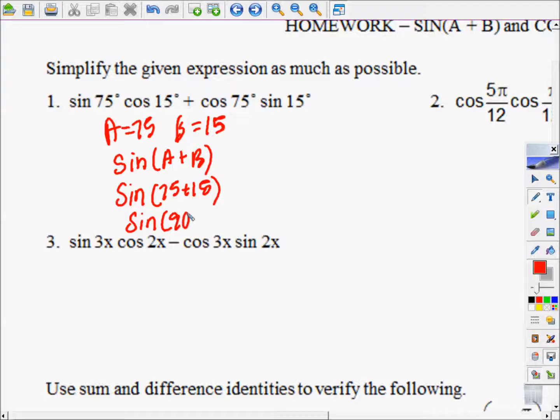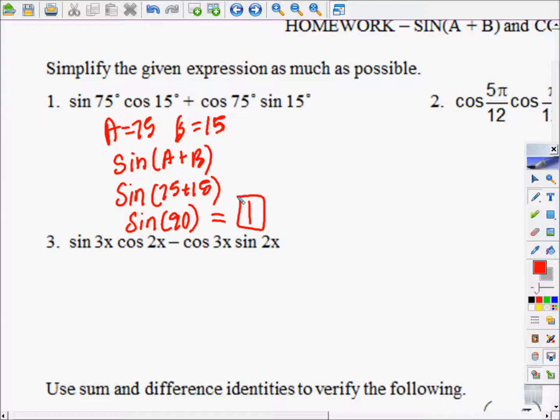What's the sine of 90? It's already written there for you. You just got to go through the 3 steps: identify, plug in, and simplify. All right, that's what you're doing on 1 through 3.